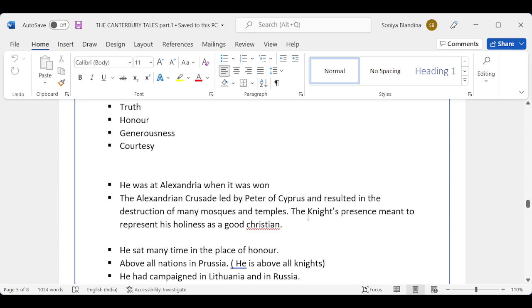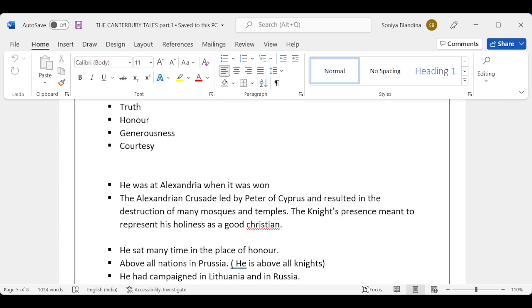So Chaucer is saying that by participating in this war, the knight is showing his presence as a good Christian. And next point, he sat many times in the place of honor.